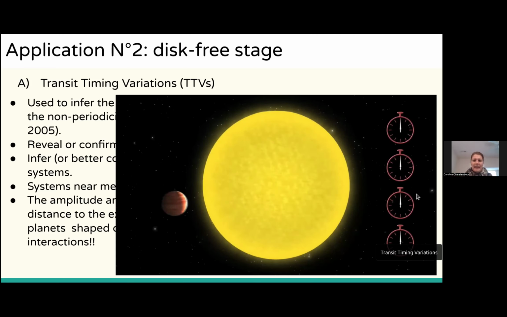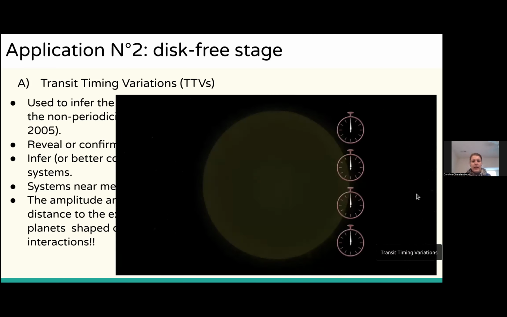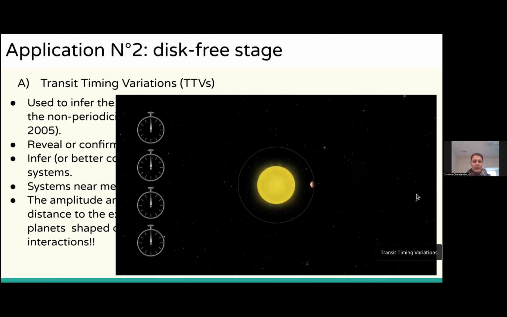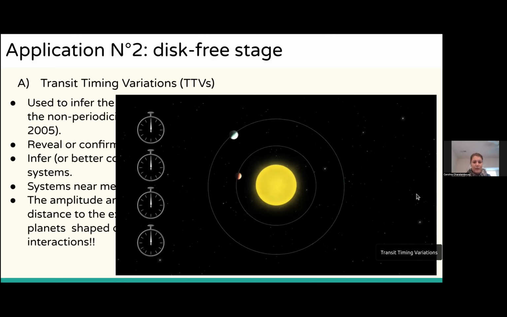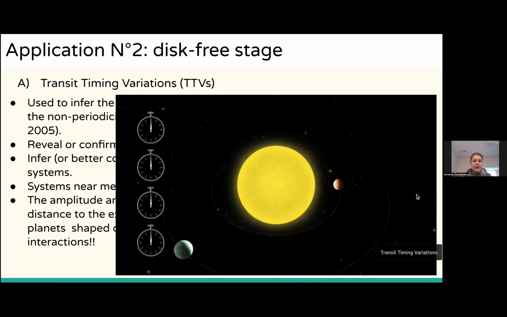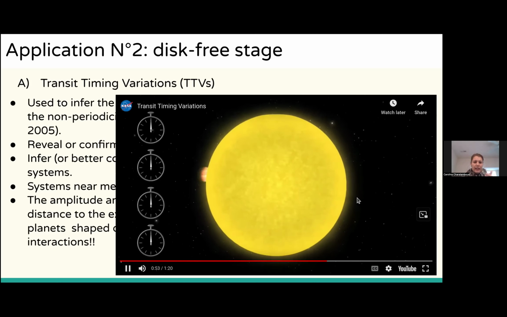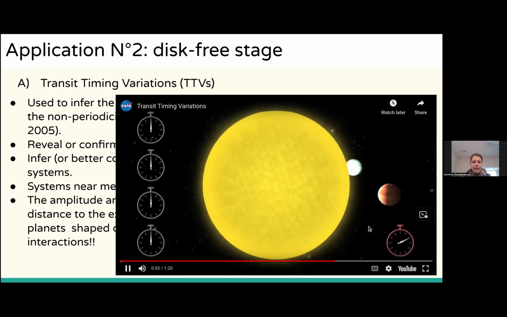But say that now, instead of only one planet, we have a second planet that we don't necessarily need to see. In this video, we see it, but we can also not see it, and it will act in the same way. So we will mark each time that the innermost planet passes in front of the star.